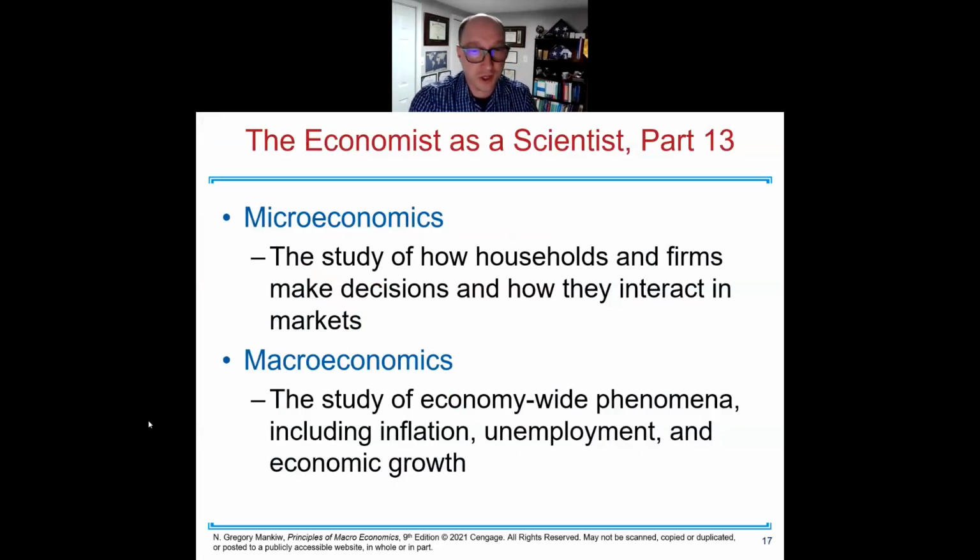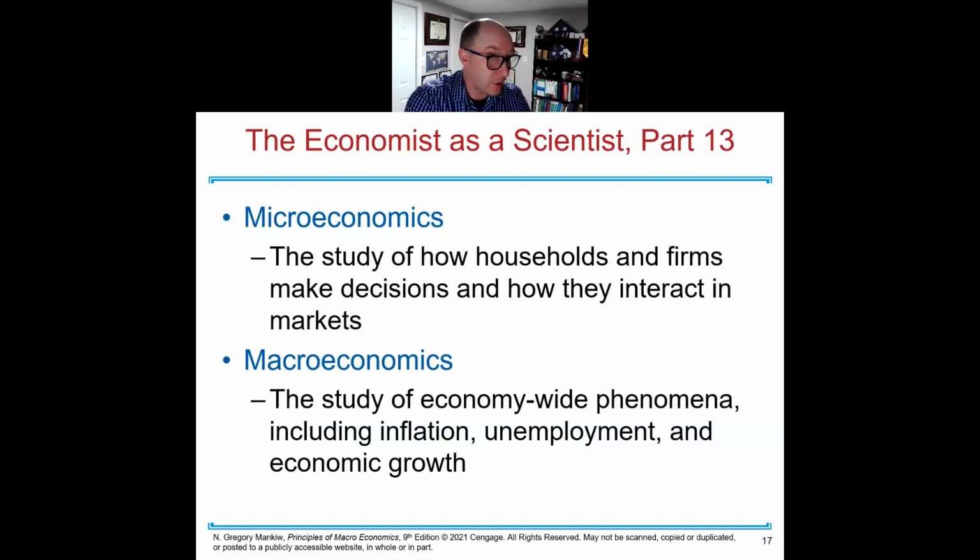In this course, we're focusing on macroeconomics. We're looking at the country as a whole, the macro level, the economy-wide view. And we're looking at things like inflation, unemployment, economic growth. These are all macroeconomic factors.